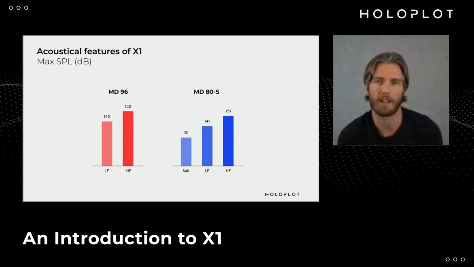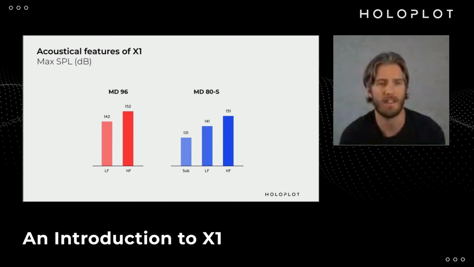Looking on the left-hand side, we've got the MD96, and in terms of different bandpass sections to the different layers of the drivers, in the low frequency we've got a max SPL of 142 dB, and on the high frequency, 152 dB. In the MD-ATS, we pull the sub into play, and we've got 131 max SPL there, and then for the low frequency, 141, and the high frequency, 151.